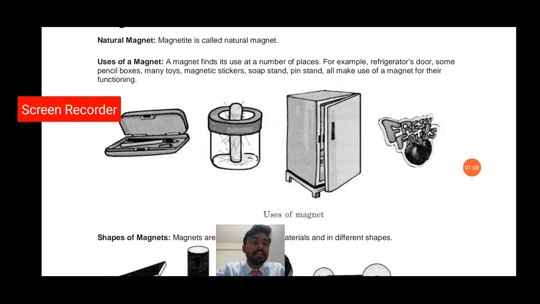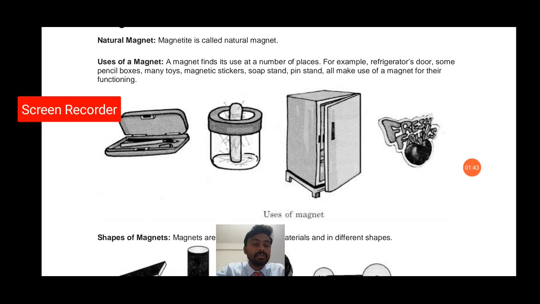For example, refrigerator doors. In your home, refrigerator doors, and also some pencil boxes, many toys, magnetic stickers, soap stands and pin stands all make use of a magnet for their functioning.